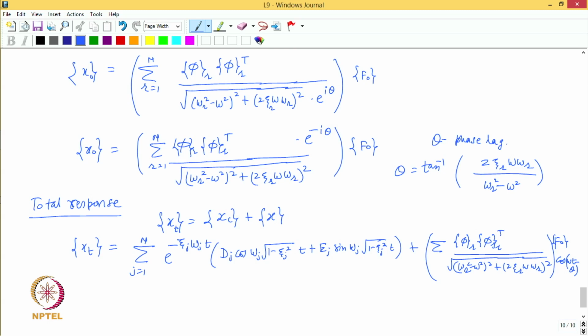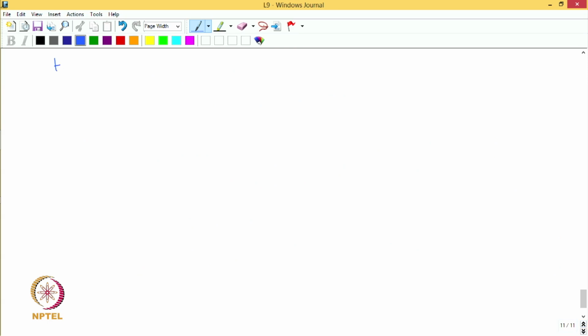Let us now define the frequency response functions. Let us say we want to find out the frequency response function alpha j k. The frequency response function is based on the steady state part of the response.